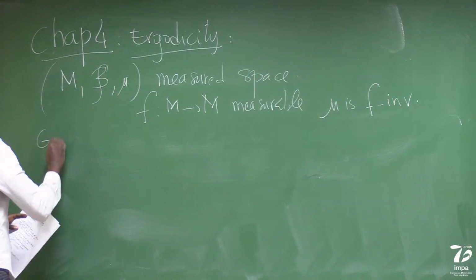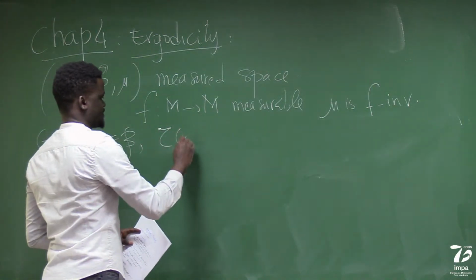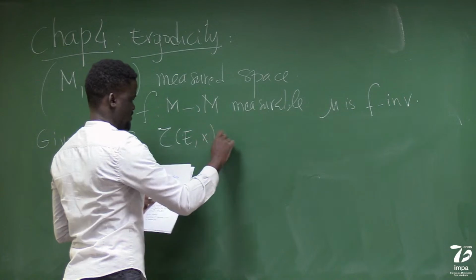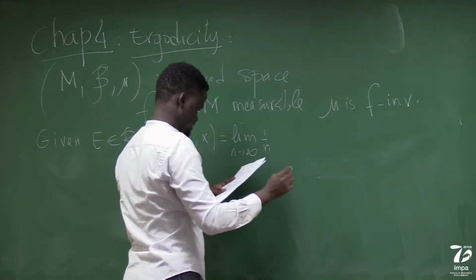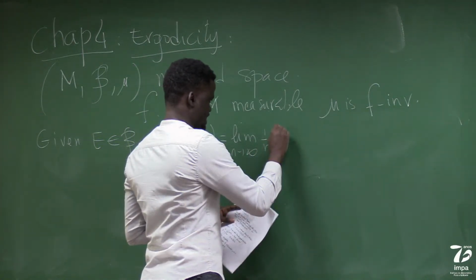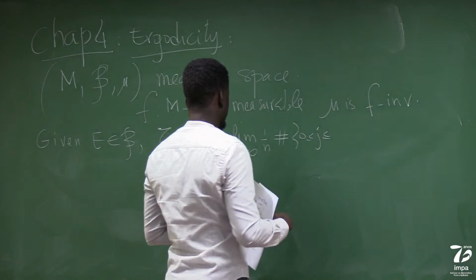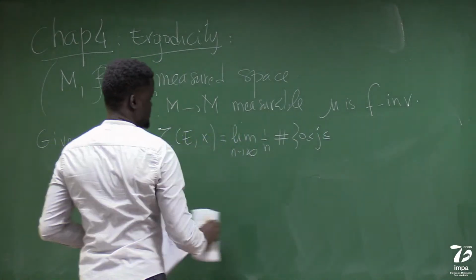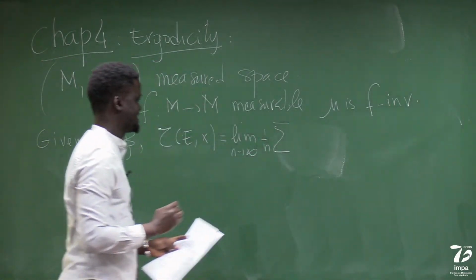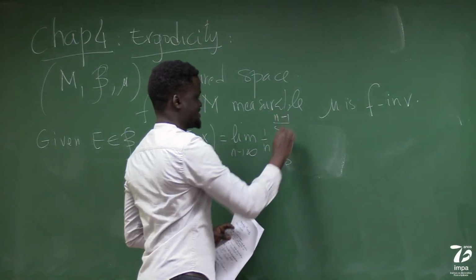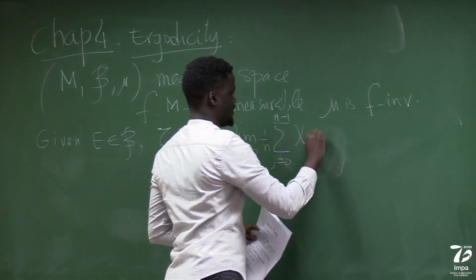So let me recall. Given a measurable set E, remember tau E of x, the limit when n goes to infinity of 1 over n times the cardinality of j in 0 to n minus 1 such that f^j(x) is in E. We can write it like this because now we are in the spirit of time average and space average: the sum over j equals 0 to n minus 1 of the indicator function of E along the orbit.